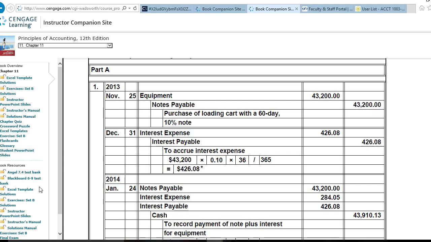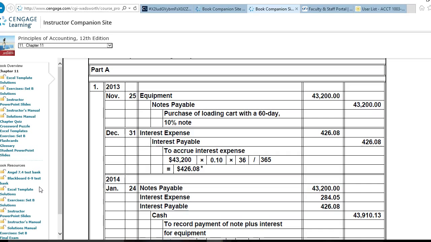So the way we calculate the amount is from November 25th through December 31st, we've got 5 days in November, we've got 31 days in December.